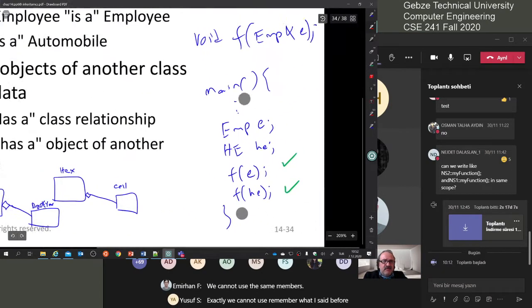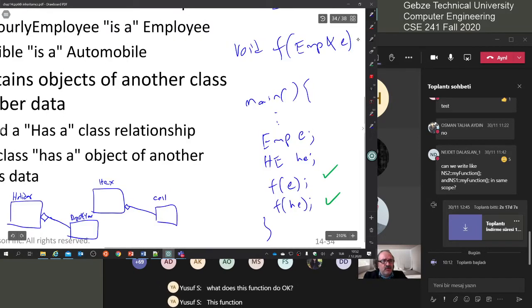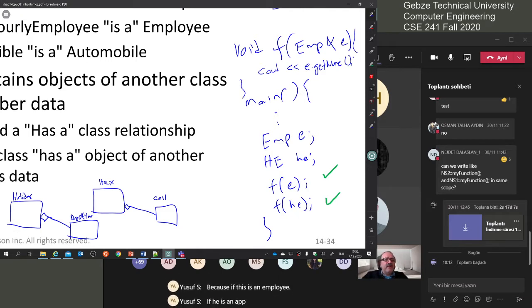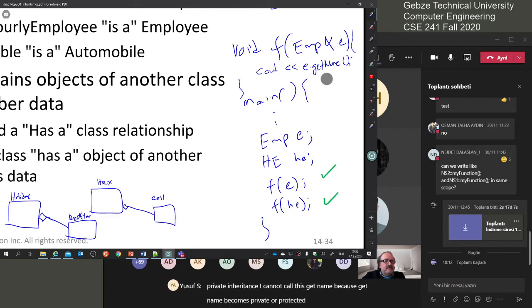Here, what does this function do? This function is going to say cout e.getName, right? Because if E is an employee, I can call the functions of the employee class, right? That's what I would do. But if I do the protected or private inheritance, I cannot call this getName because getName becomes private or protected, right?